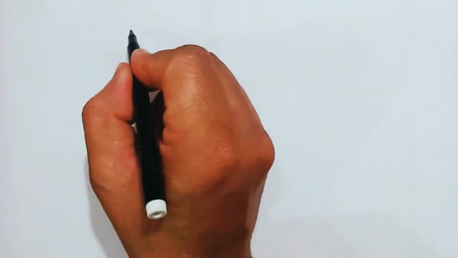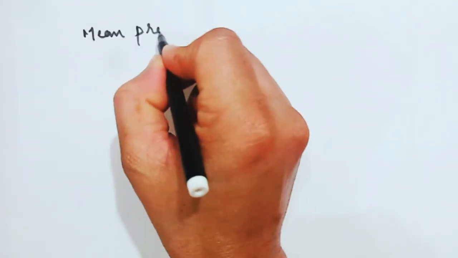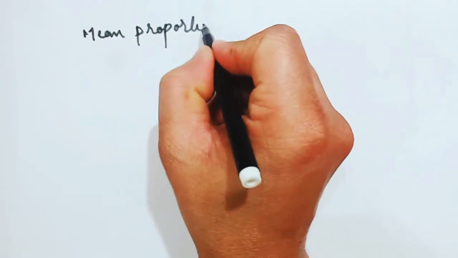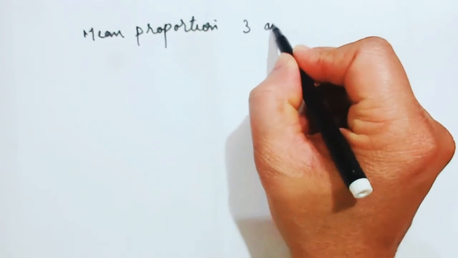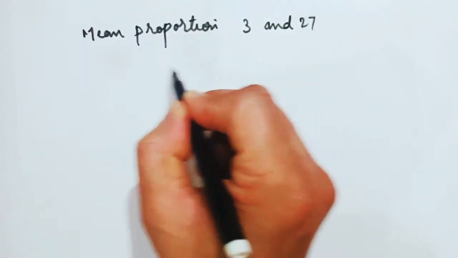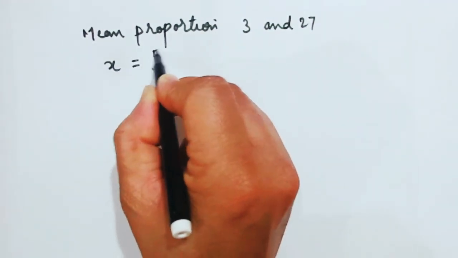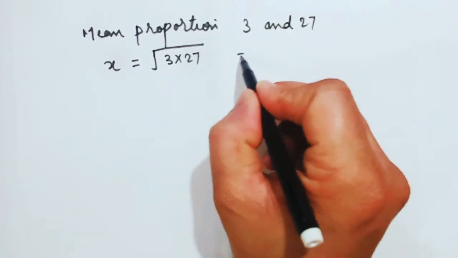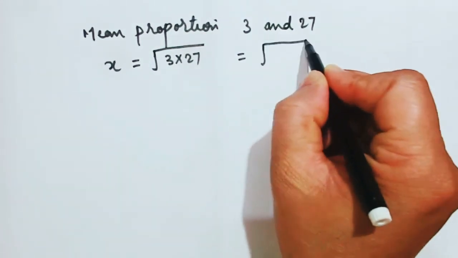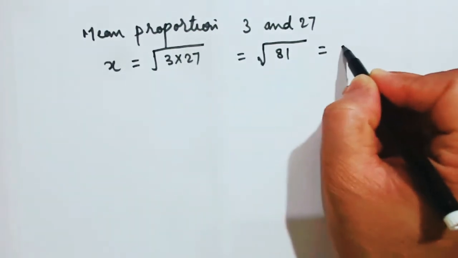From next time, if you are asked to find the mean proportion between 3 and 27, you will directly write that the value of mean proportion x should be equal to square root of 3 into 27. You can also do it by one more method: multiply these two. 3 into 27 is equal to 81, and the square root of 81 is equal to 9.